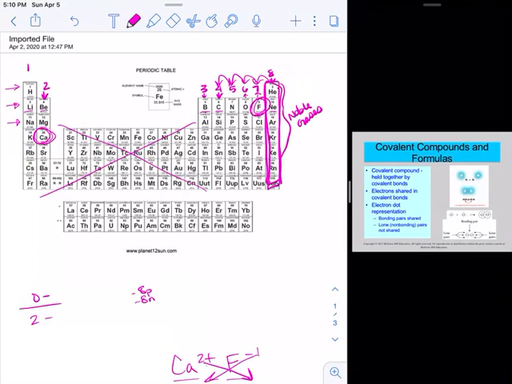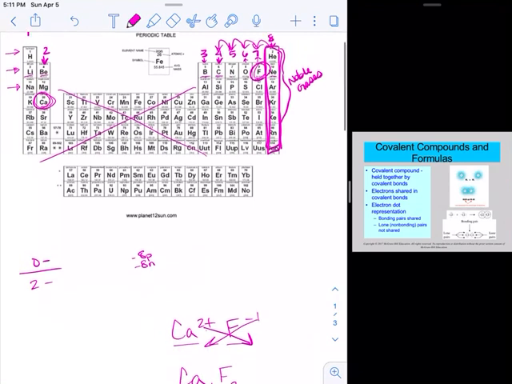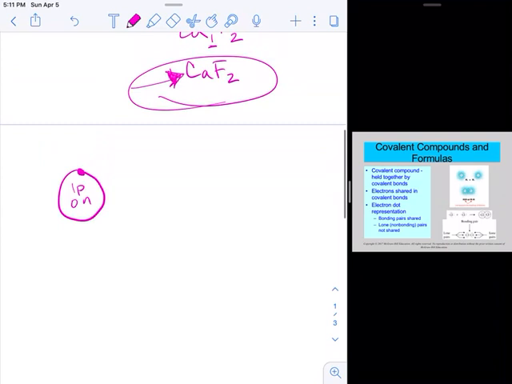Well, hydrogen and helium are the only exception for that one. So hydrogen wants to be like a noble gas. Well, helium's a noble gas. But how many protons does helium have? Well, helium only has 2. And how many electrons can go in the outer shell of helium?